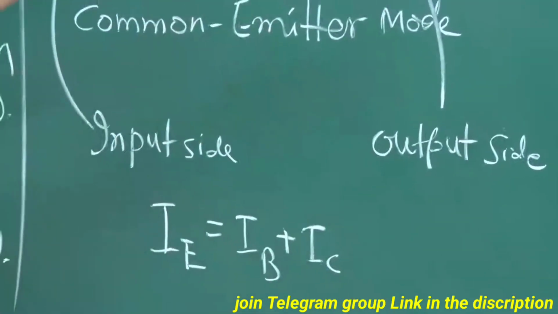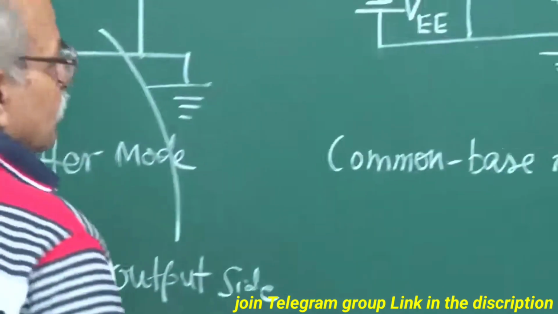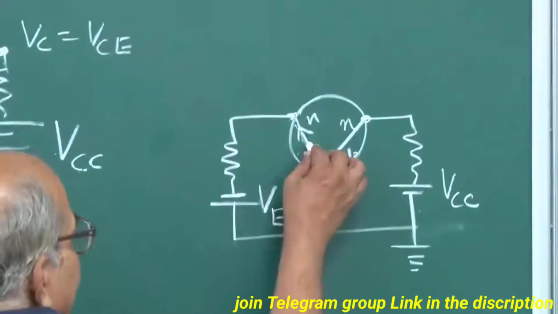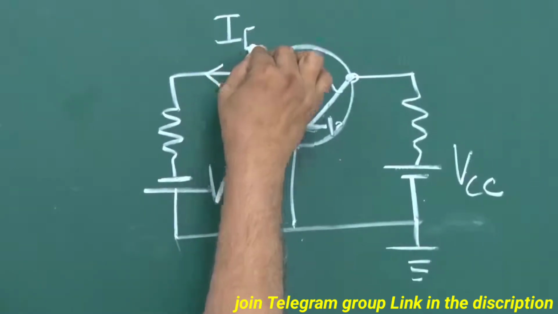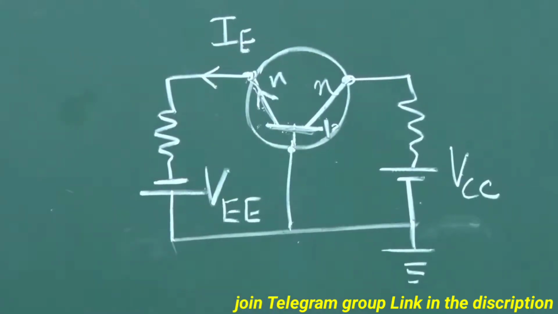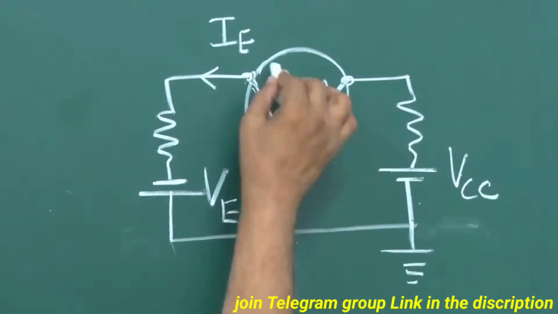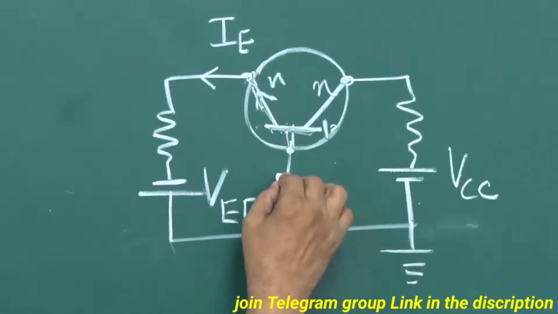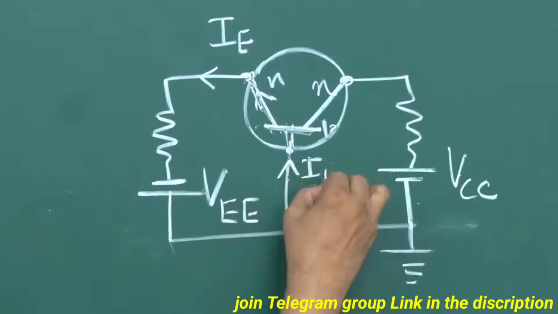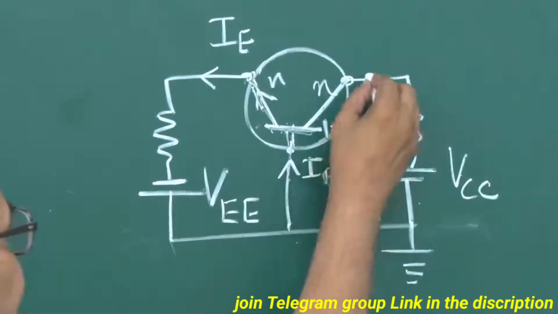Here also the same story. This is emitter, so this current will be IE. And since this is a PN junction, the current will go into P and then N in this junction. So you will have IB here and then IC.